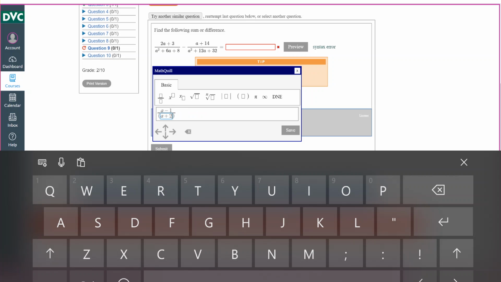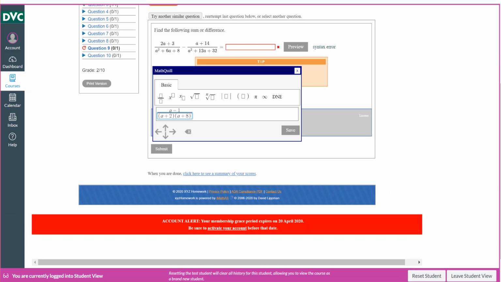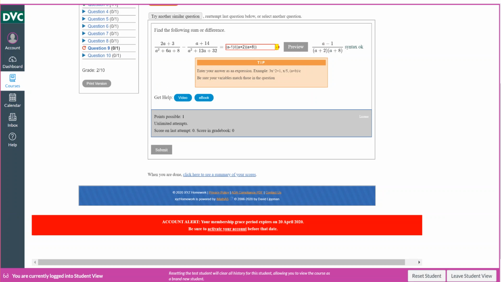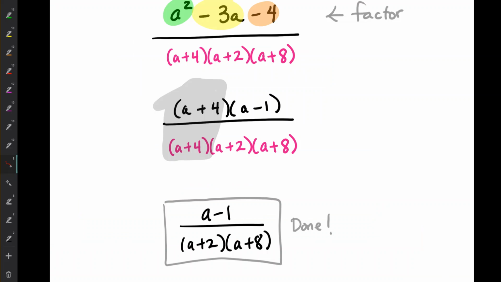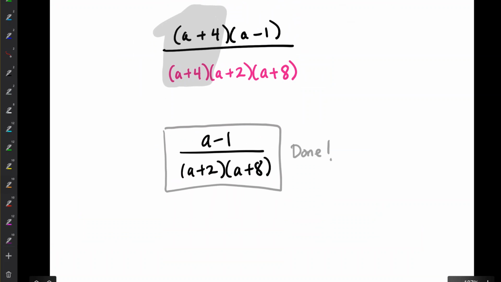A plus 2, a plus 8. I did it again. There we go. I'm going to hit save. It can read it and it looks the way I want it to. I'm going to go ahead and hit submit. And we've done beautifully.